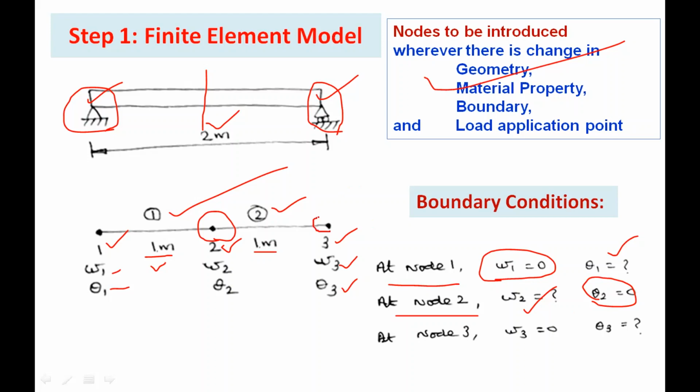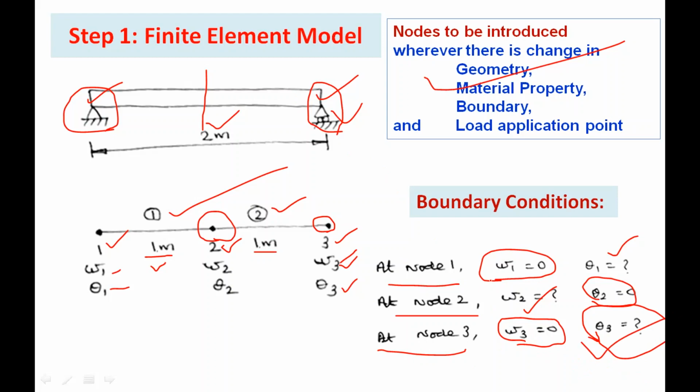Coming to node 3, again a supported end, roller support. So at this support, W3 will be 0. So node 3 displacement will be 0. Rotation is permitted. So we will get the slope theta 3.